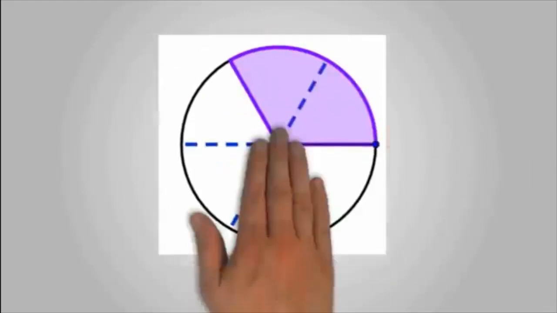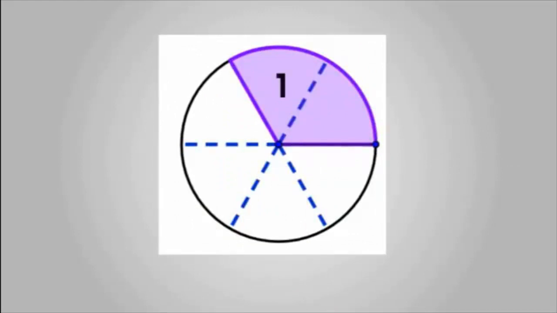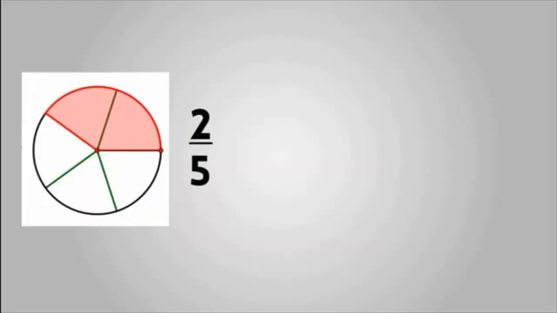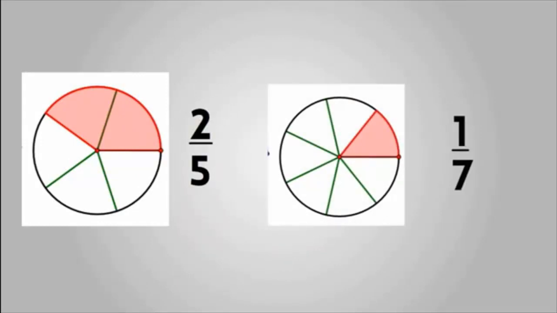The next circle has been divided into 6 pieces, and 2 of those have been shaded. We can write this as 2 over 6. This rectangle has been divided into 5 equal parts, and 2 of those are red. For the red section, we could write the fraction as 2 over 5.